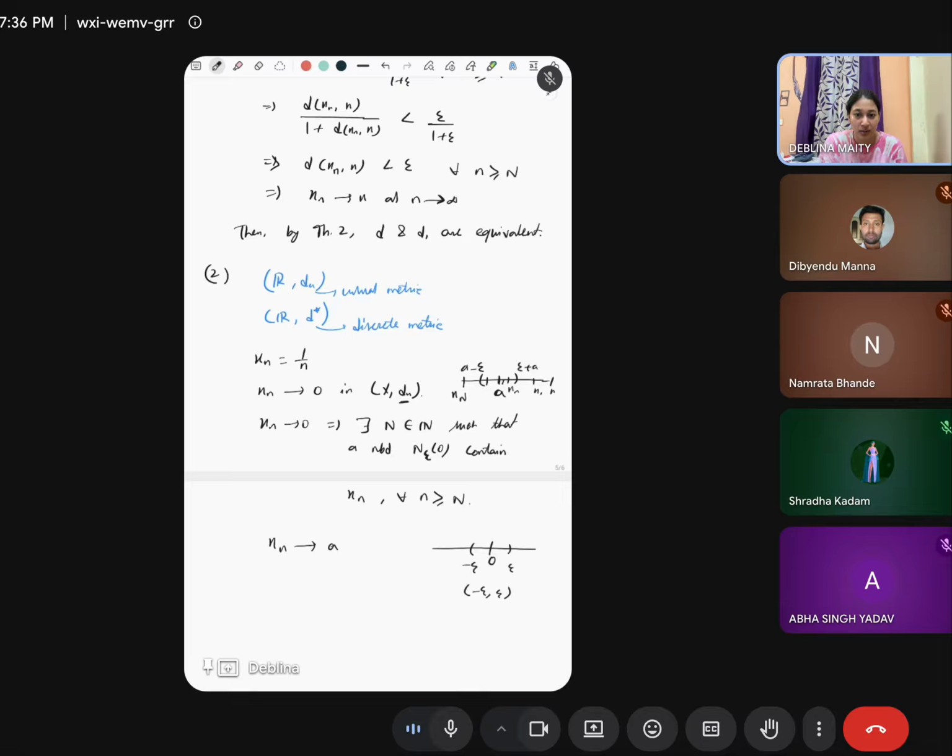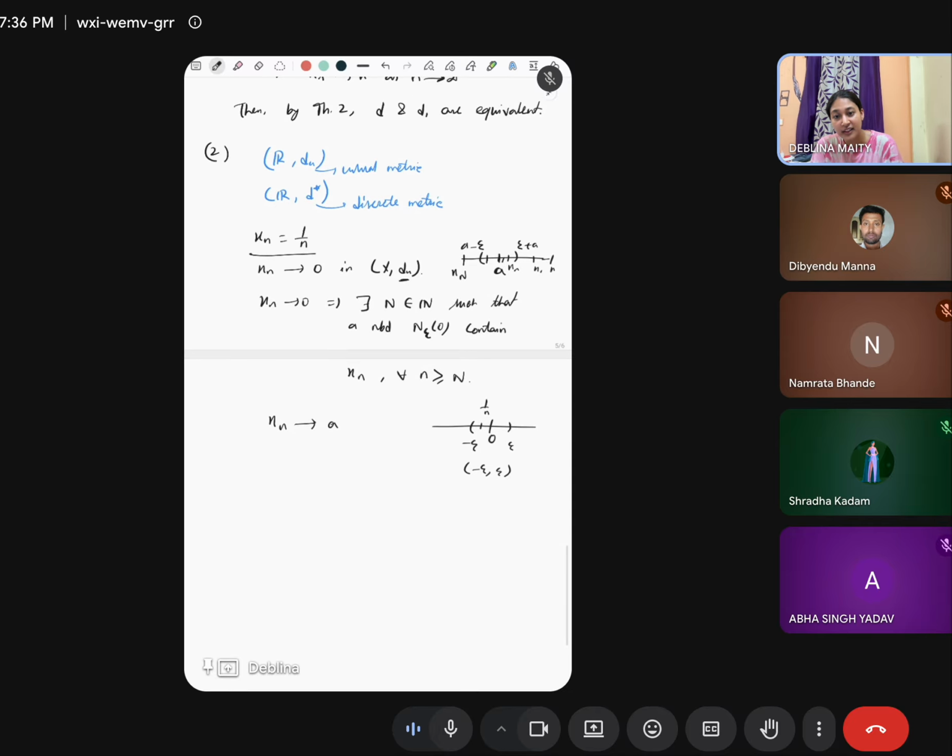Our sequence is 1 by n, so after some n, all the values of 1 by n will be in that neighborhood. This is why xn converges to 0 in the usual metric.